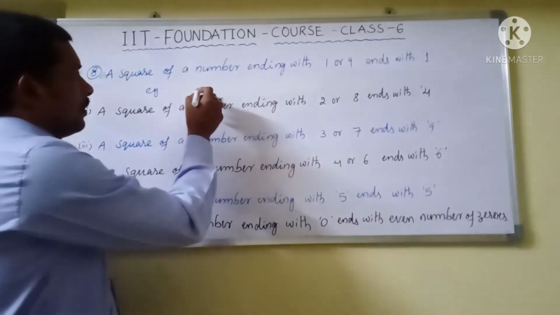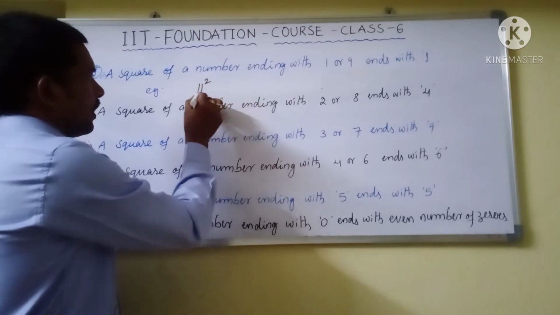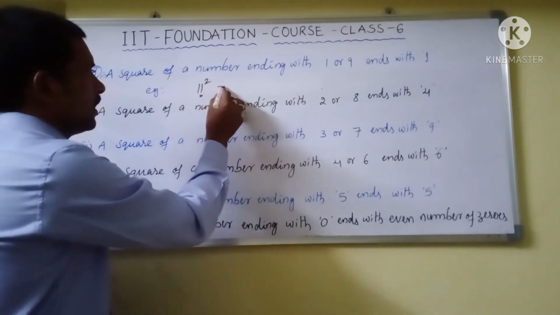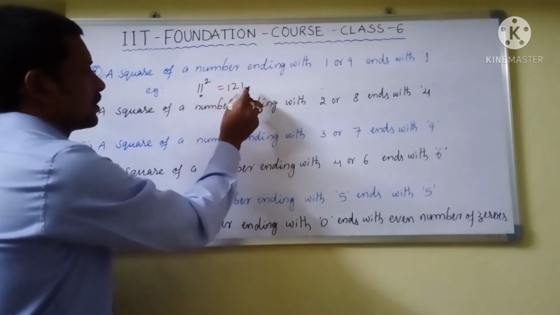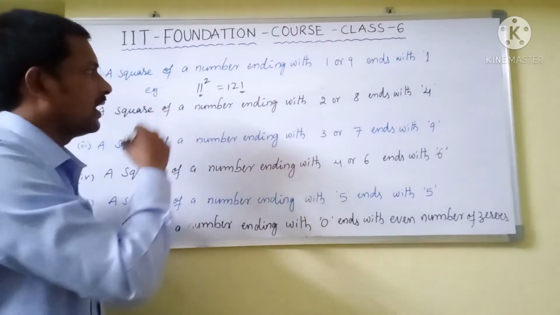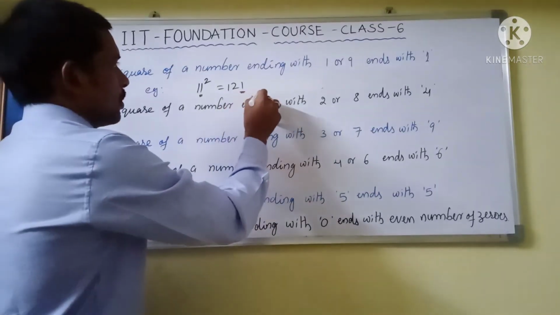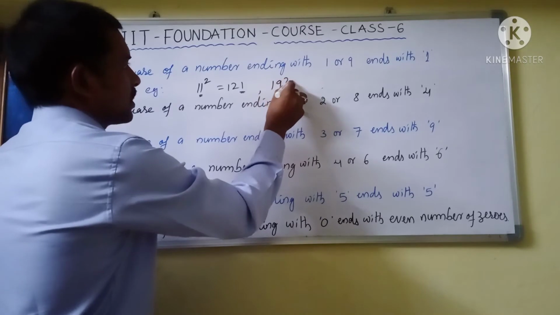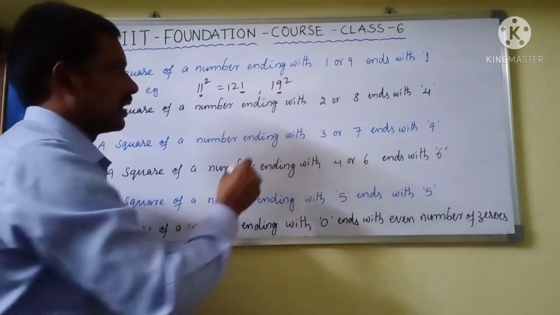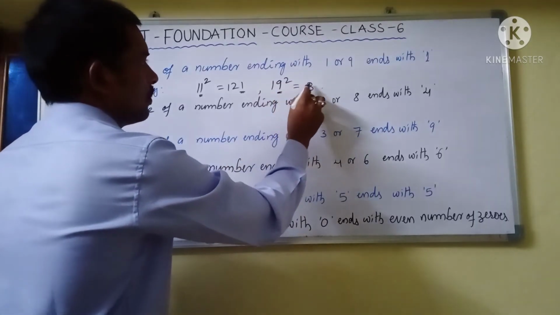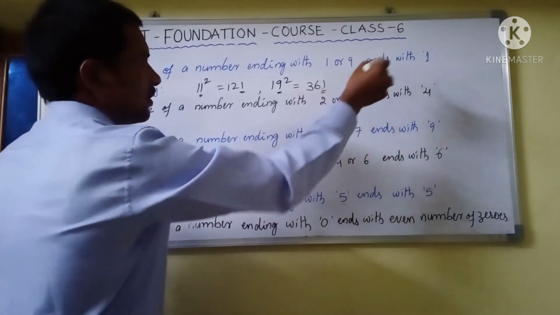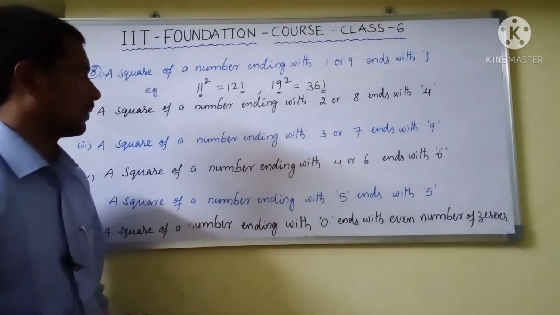For example, 11, the number ending with 1, its square is 121, so its square value also ends with 1. 19 square, the number ending with 9, its square value is 361, which ends with 1.